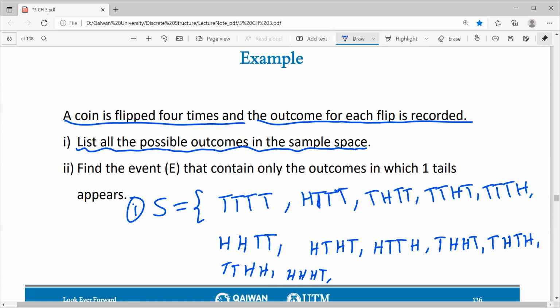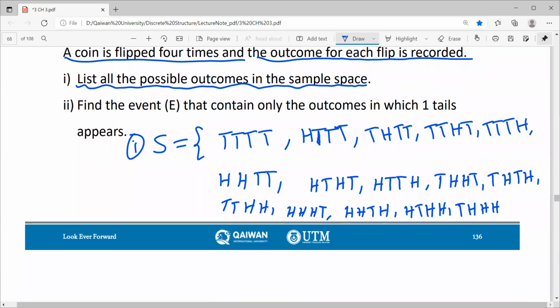If 3 of them are head, that means head, head, tail, head. And also we have head, tail, head, head, and tail, head, head, head. And if all of them are head, we have head, head, head, head. This is the sample space. These are all possibilities in flipping a coin.